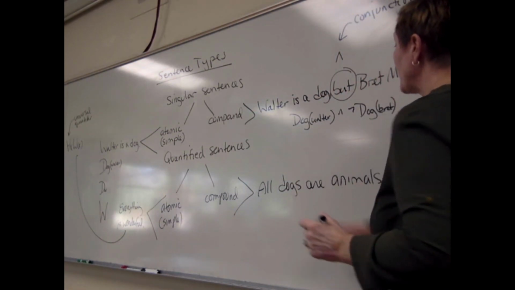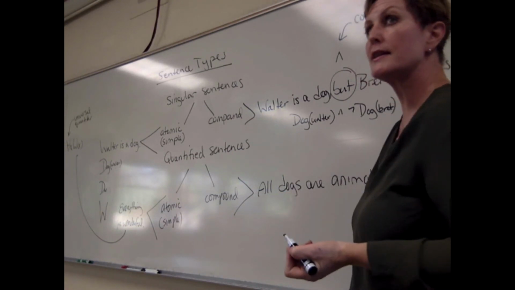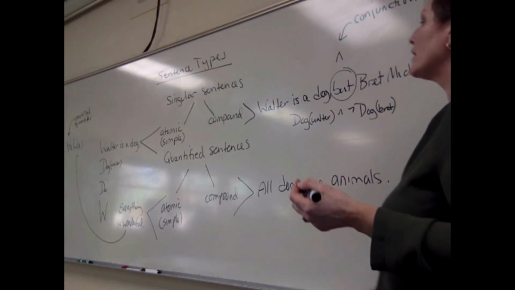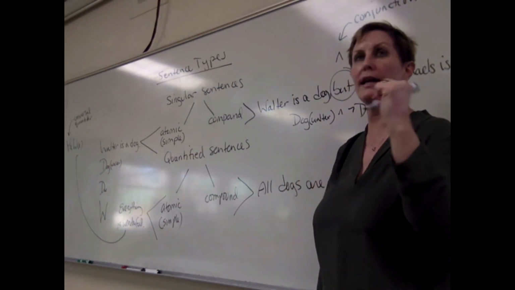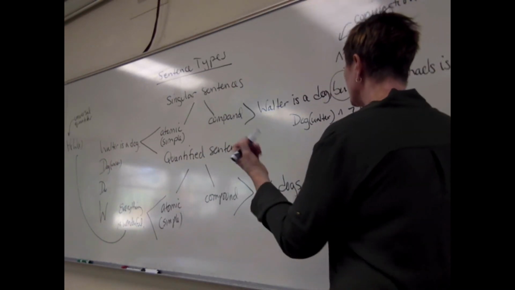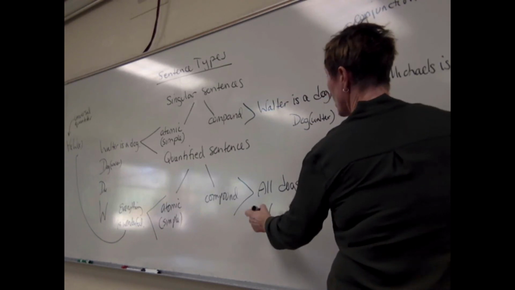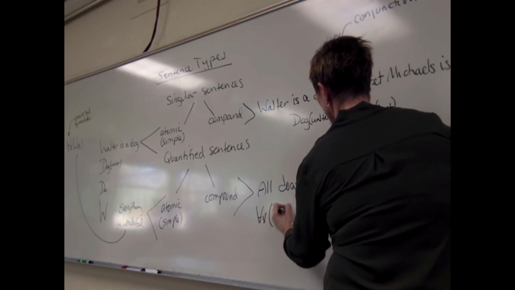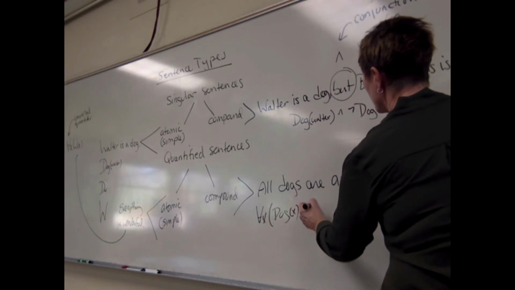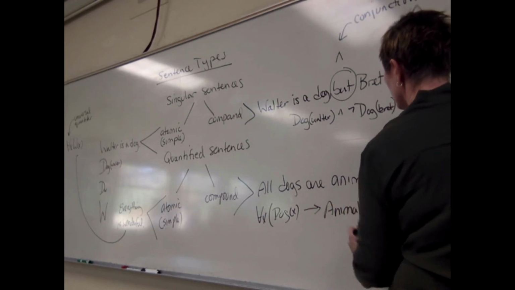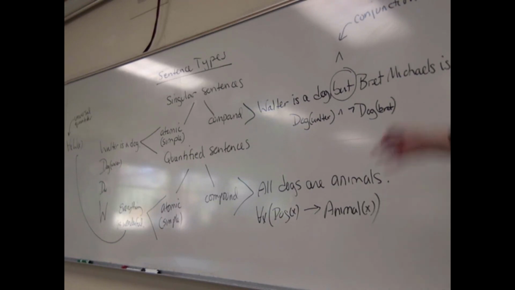We'll see that this quantified sentence gets written in symbolic logic notation by way of a connective or an operator that we haven't yet learned, but it looks like this: for every x, open paren, if that x is a dog, then that x is an animal. Right. So that's our class.